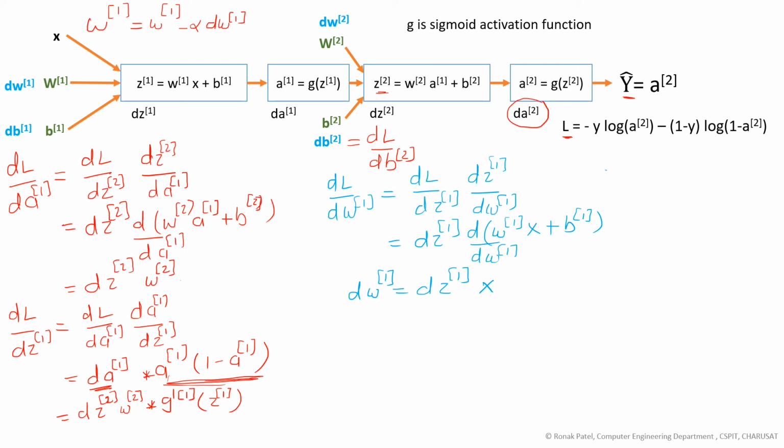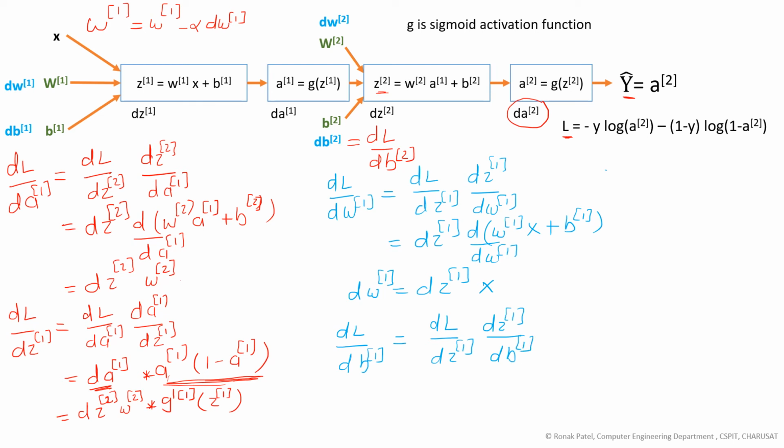Right? Similarly, dl upon dB1, because to update this bias B1 we require the gradient of the bias as well. So again with the help of chain rule we can write dl upon dZ1 into dZ1 upon dB1.